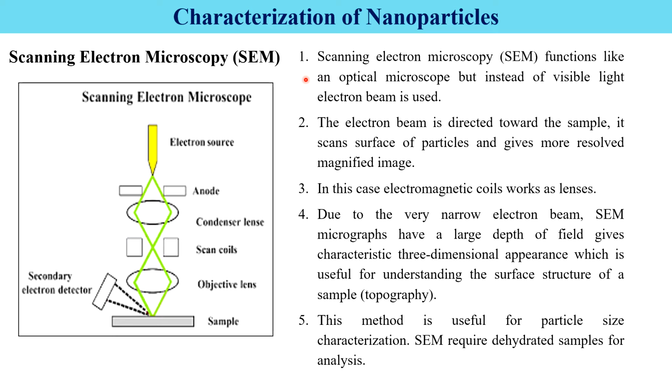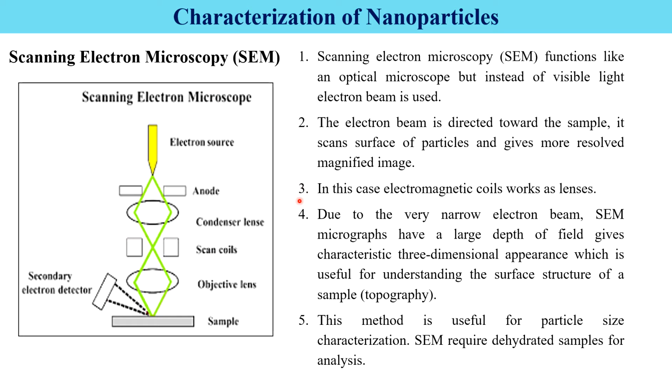Scanning electron microscopy functions like an optical microscope, but instead of visible light, electron beam is used for microscopy. The electron beam is directed towards the sample. It scans the surface of the particles and gives more resolved magnified image.